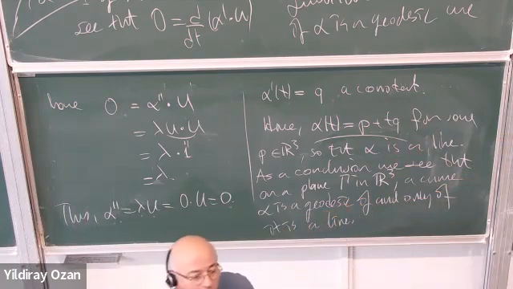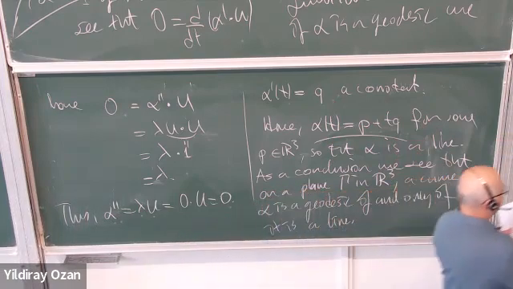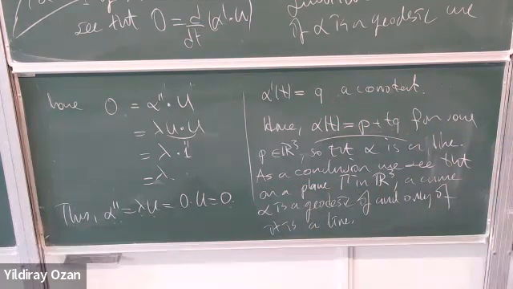Tamam mı? In general, determining geodesics on a surface is a difficult problem. You have to solve a nonlinear ordinary differential equation. But on special surfaces like planes and spheres, they are kind of easy, okay?